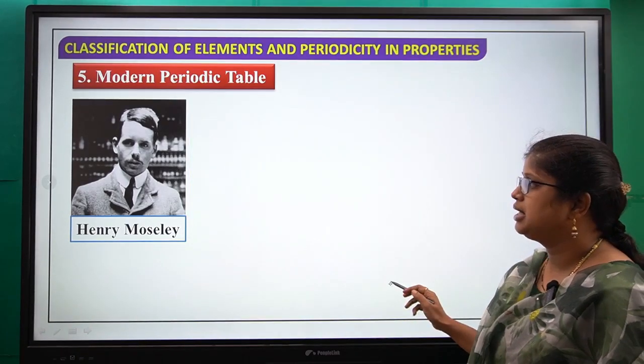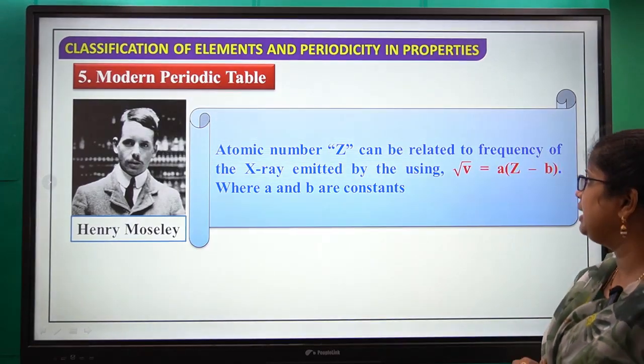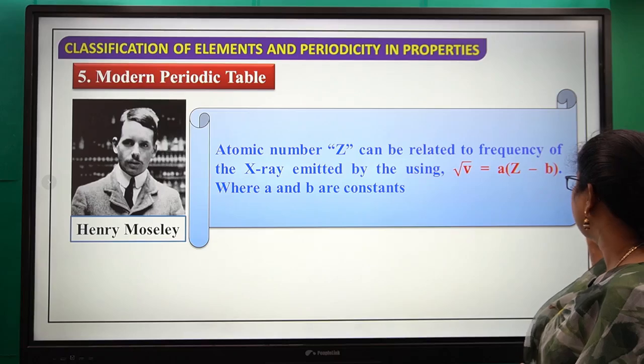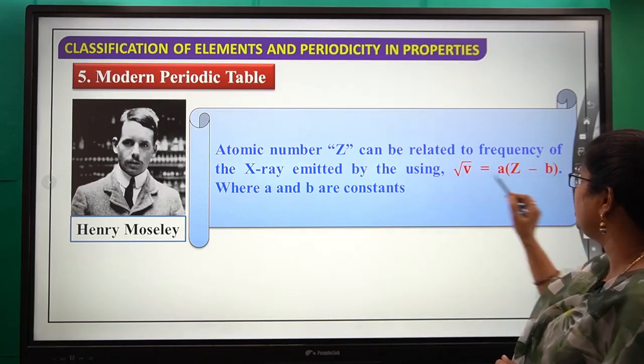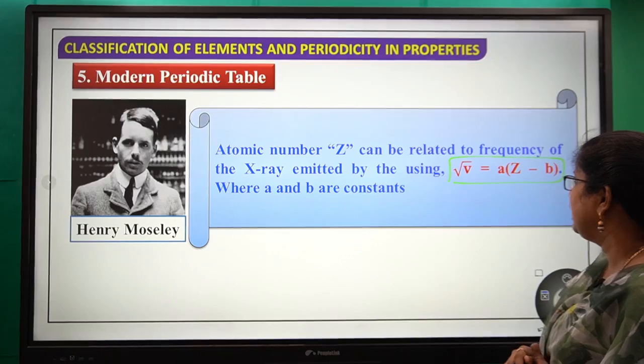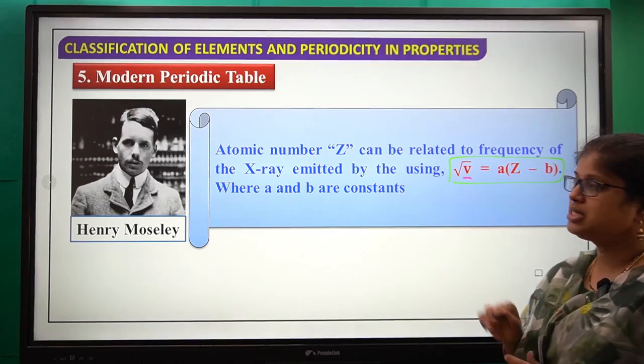of the elements, and atomic number Z can be related to the frequency of that X-ray emitted by using the formula: square root of nu equals A times (Z minus B). See here, this is the frequency.